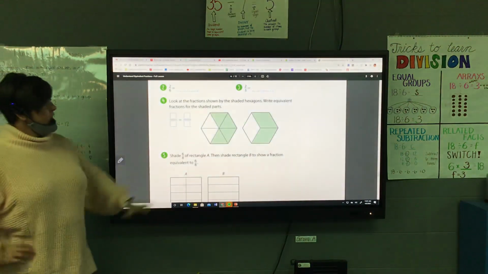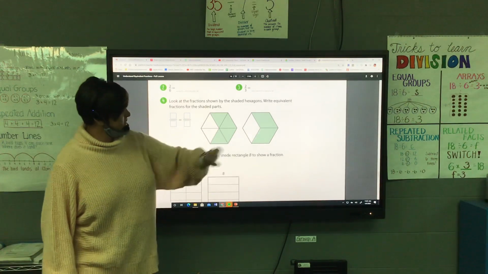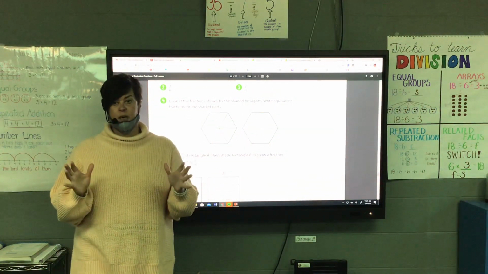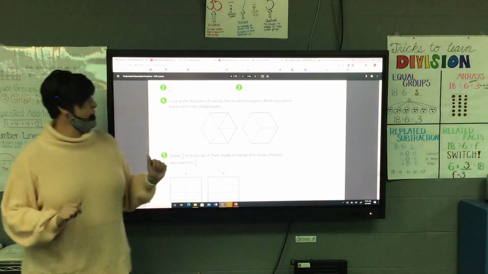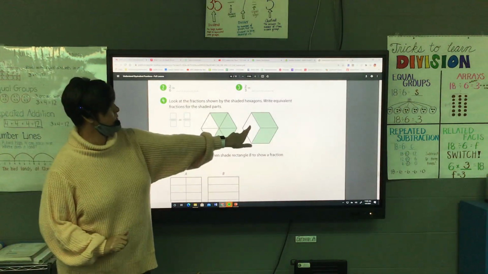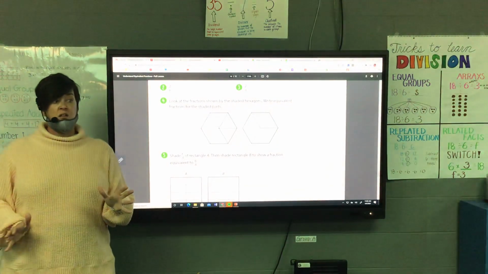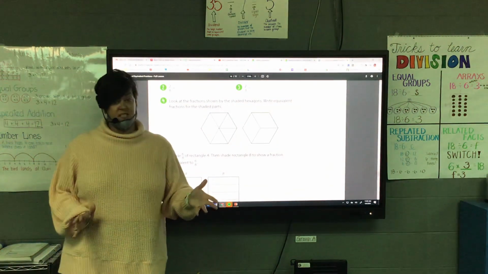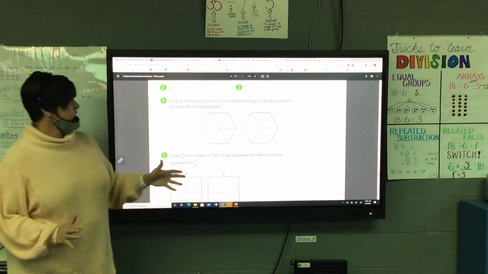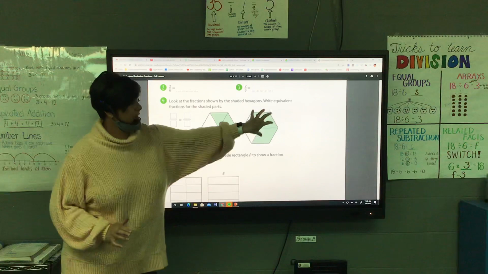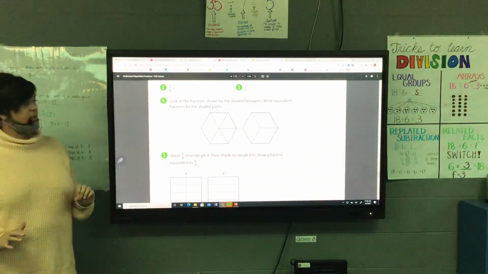Okay, if we look over at this next hexagon, it's not split into the same number of parts, is it? Count with me how many parts it has. 1, 2, 3. So our denominator is different this time, isn't it? Go ahead and write the fraction here that goes with that hexagon.